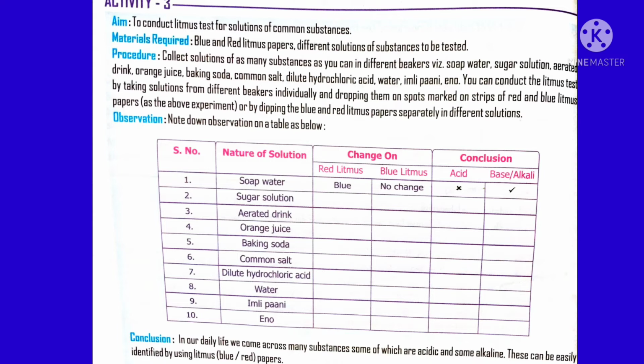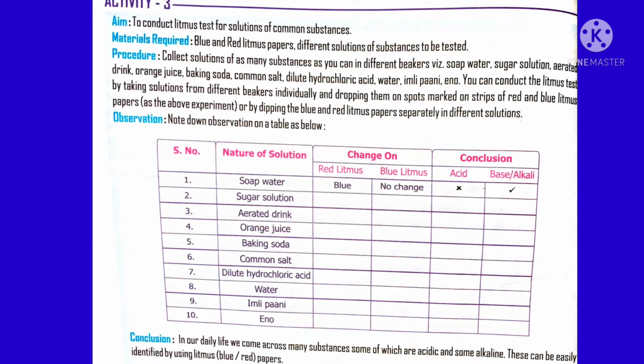Aerated drink has carbonic acid, so definitely it changes into red on adding to litmus solution. Orange juice contains acid, baking soda contains base, common salt is neutral, hydrochloric acid remains red, water is neutral, imli pani is sour in taste so it is acid, and ENO is base. It's homework, so complete the table on page 76.